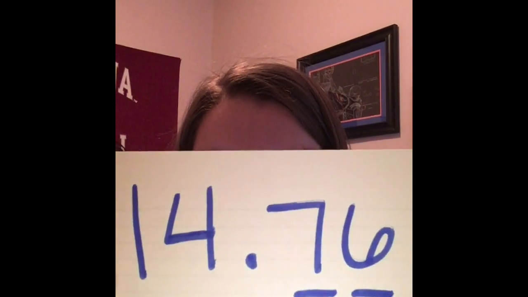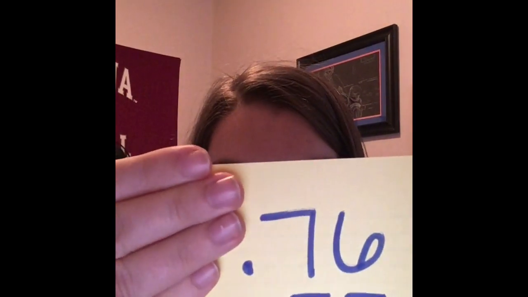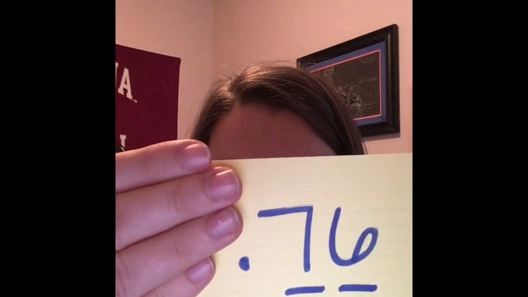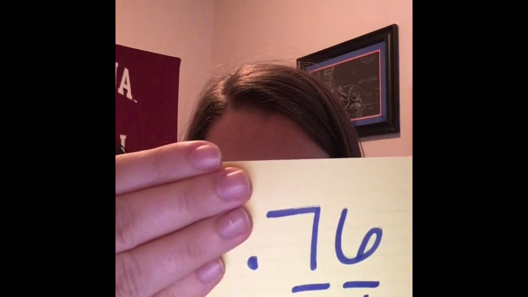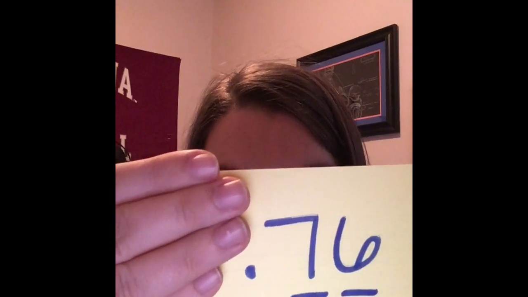I'll say it again. Say the number as if there were no dot, then say the last place value spot. So if we look at our previous example, 14 and say the number as if there were no dot, 76, and the last place value spot is the hundredths.